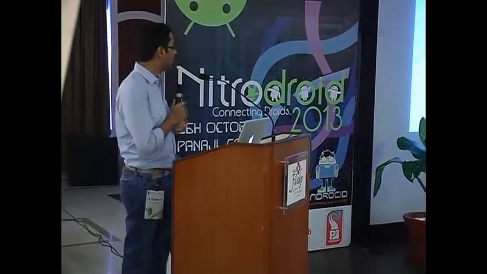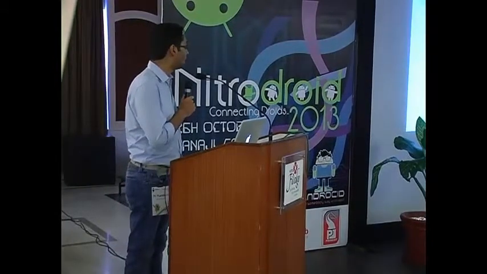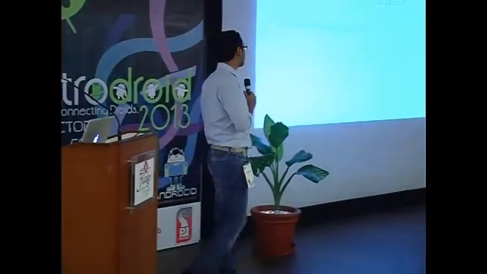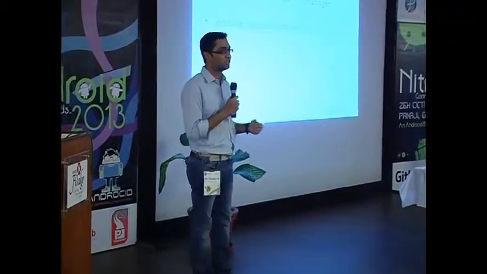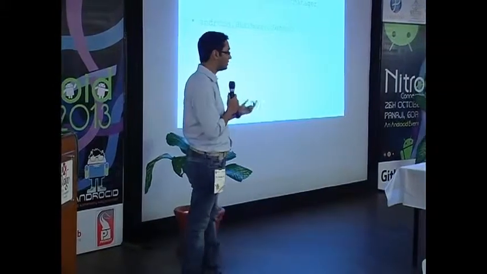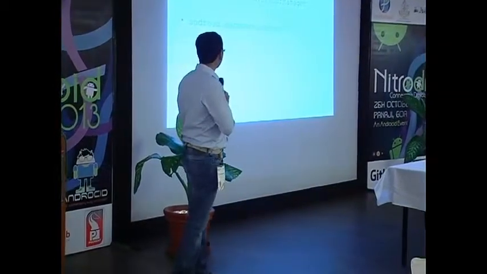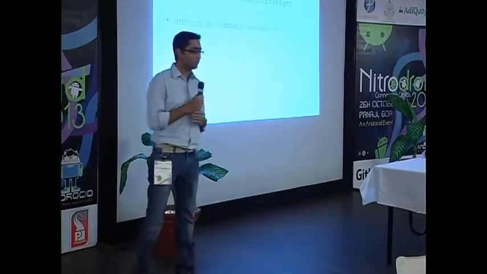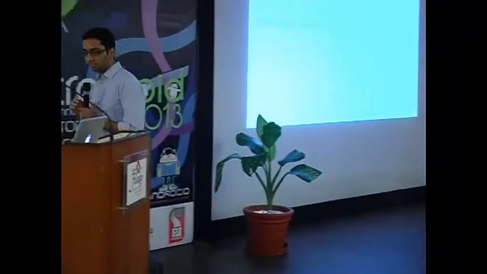One is android.hardware.SensorManager, and the other is android.hardware.Sensor. Now, the names are pretty simple for you guys to understand what they do. SensorManager is a class, basically, it's an API which you can use to talk to different sensors. And android.hardware.Sensor basically represents a real-world sensor in Android. Okay? So, let's write some code now.